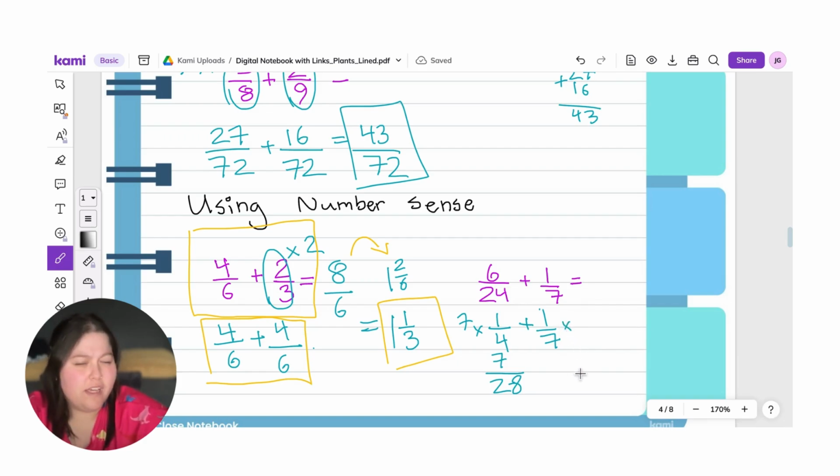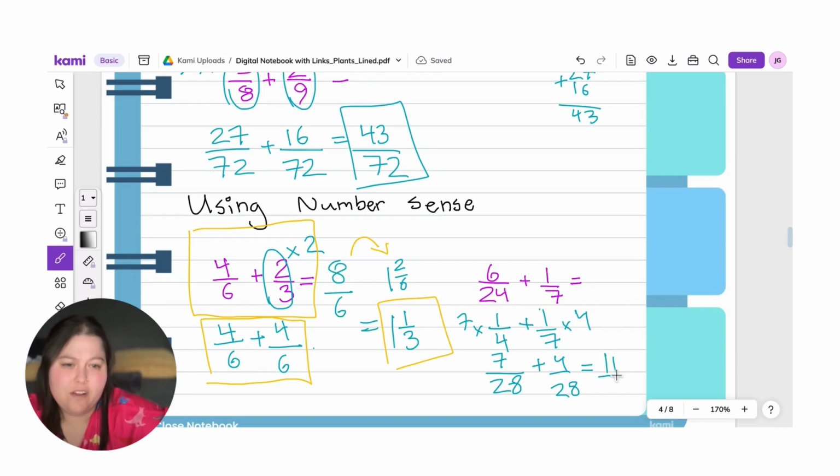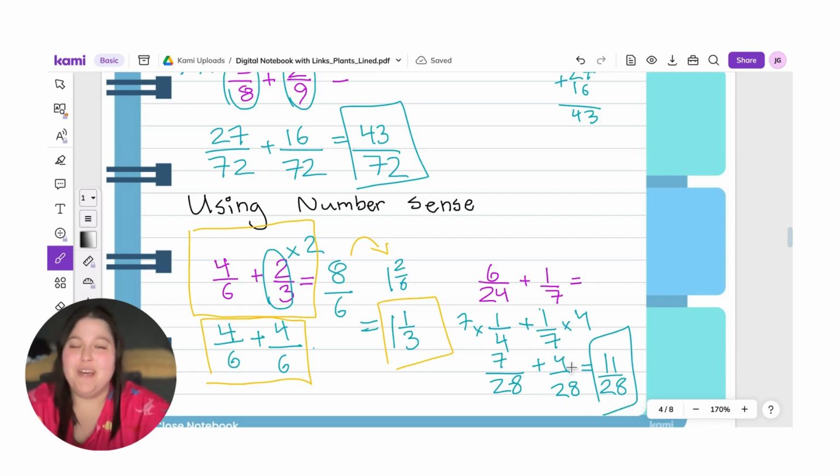I am using mathematical processing, but I do just want you to know what I'm doing here. So 7 over 28 plus 4 over 28, and now I can add. 7 plus 4 gives me 11 over 28. 11 is a prime number, so I have finished this problem.